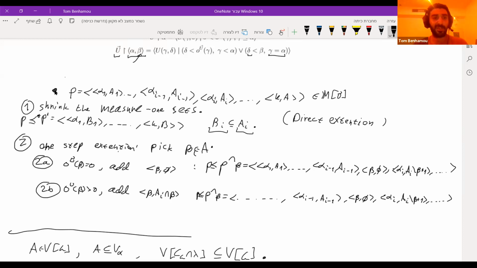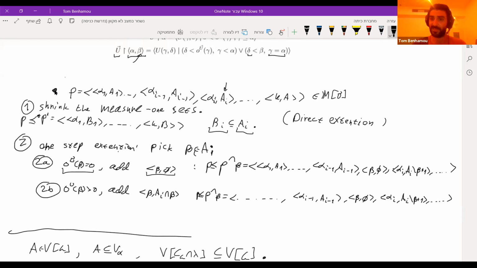The second option is to perform one-step extensions by picking some ordinal beta in some AI. So you fix any I, you have the set of candidates AI, you pick a candidate beta from the set of candidates. And then there are two options for this candidate. Either it is of order 0 with respect to the coherent sequence. So we would like to add the pair beta, empty set to the sequence.